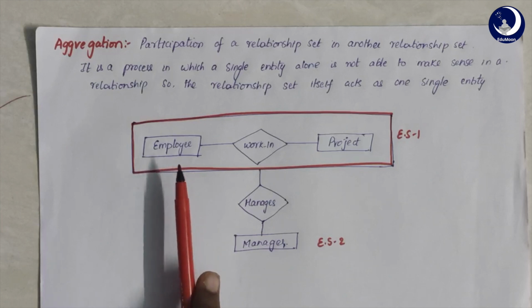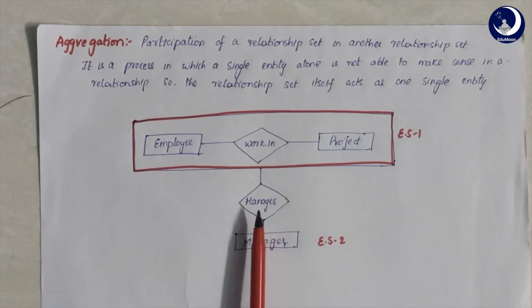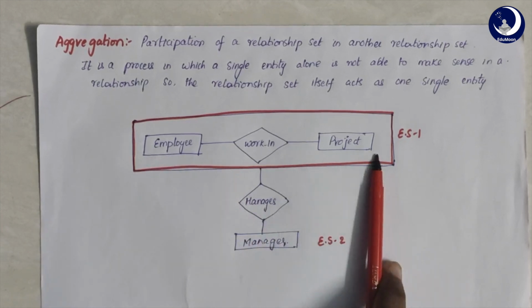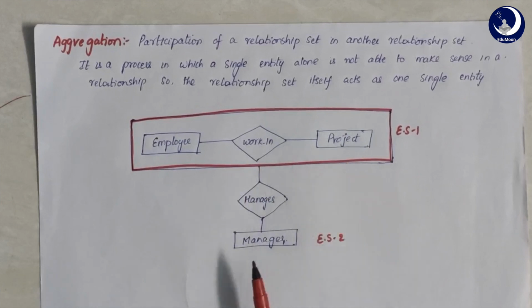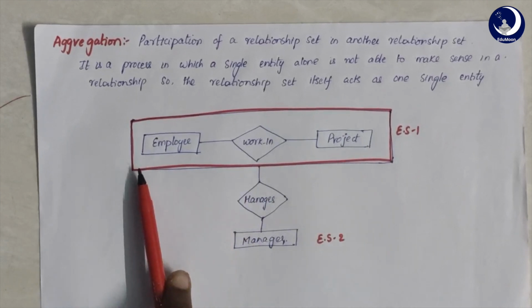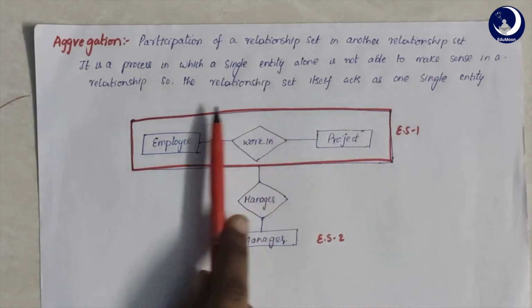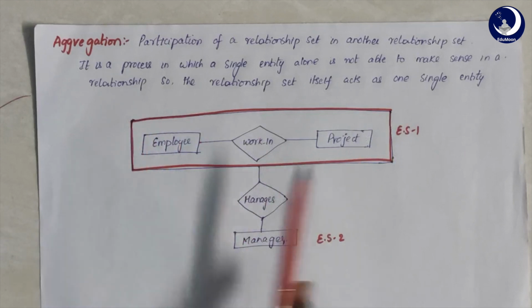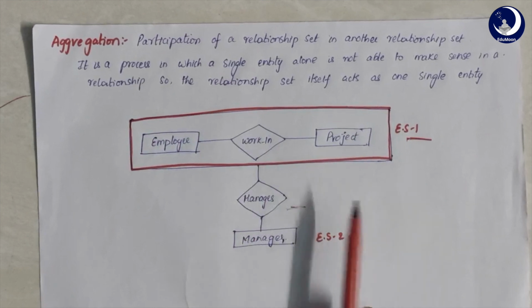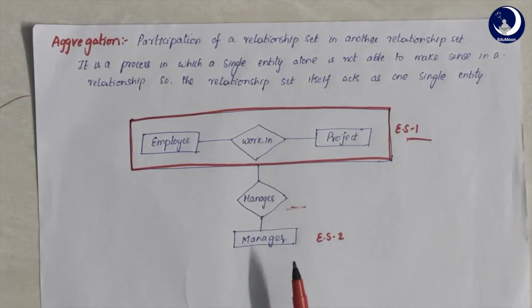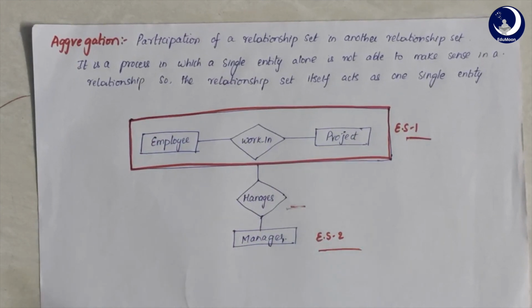So a relationship between employees or managers and project alone doesn't make sense. You should have a complete relationship between the employees working in the project with the manager. So I'm considering this entire relationship between the employees and project as a single entity, and then I'm having a manages relationship with the second entity set, that is manager. So this is what an aggregation is.